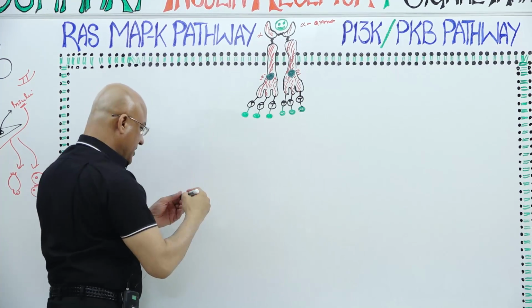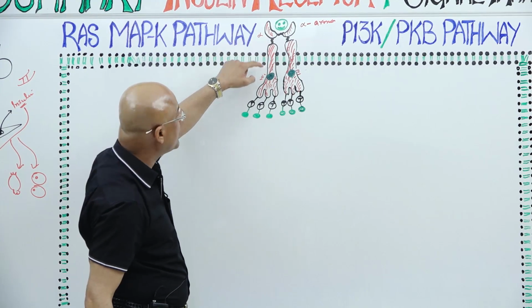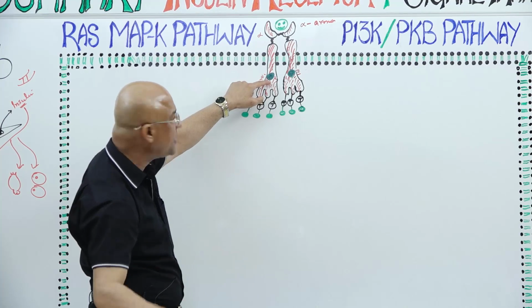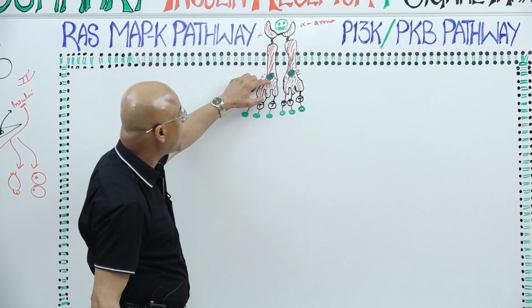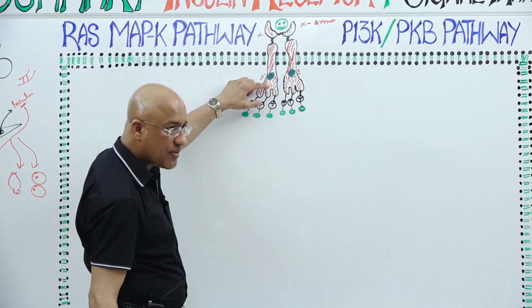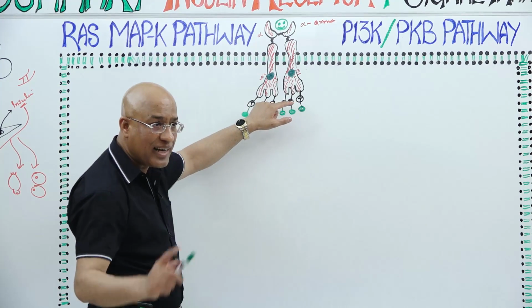Now we can see that once insulin binds with the alpha units, the stimulated alpha units stimulate the beta units, within the beta units tyrosine kinases are activated, and then these tyrosine kinases, which are part of the receptor, lead to phosphorylation of their own tyrosine residues.